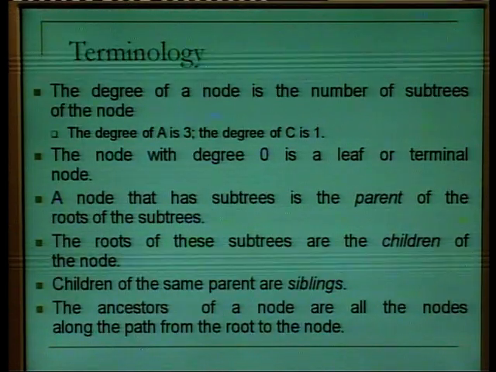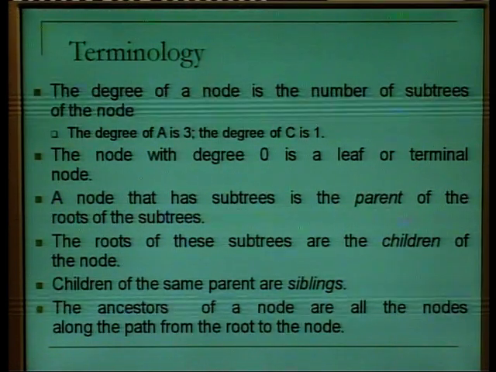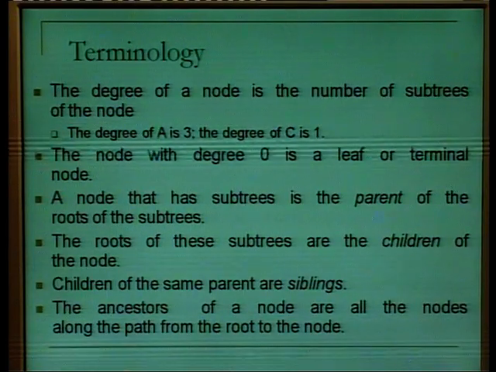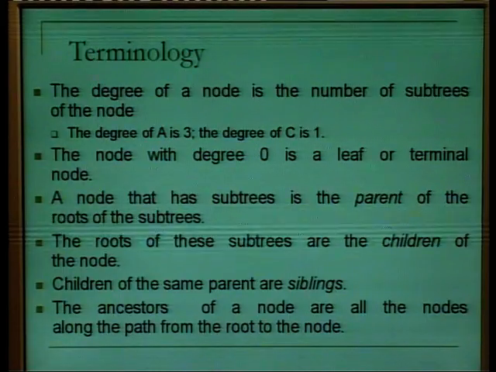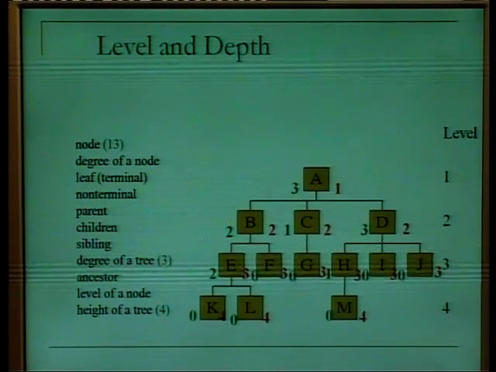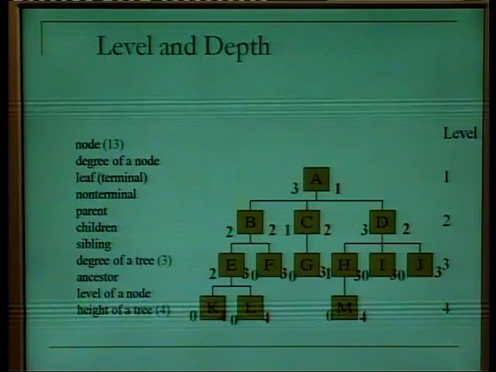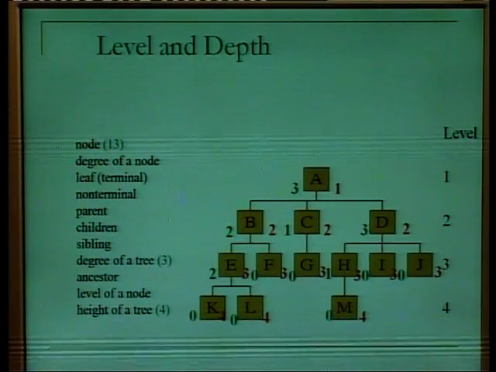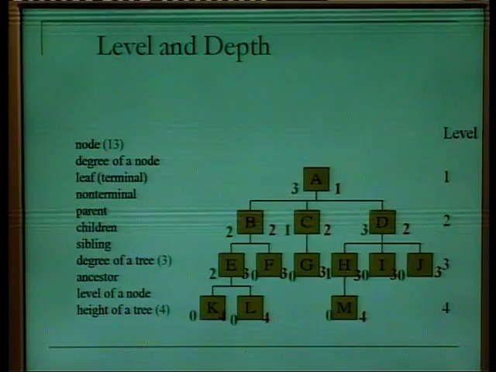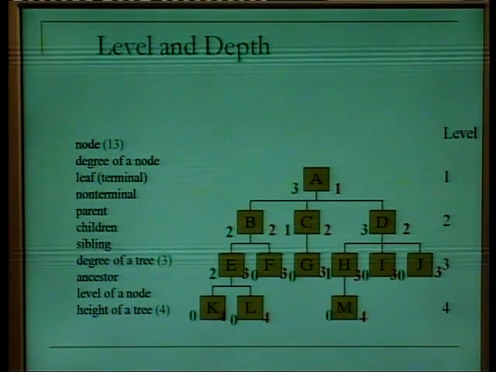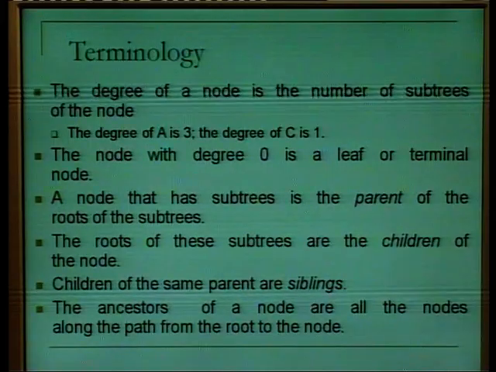The degree of a node is the number of subtrees of the node. Like in the previous example, in this given tree if we take node A, then its degree is 3 because it has B, C and D subtrees.